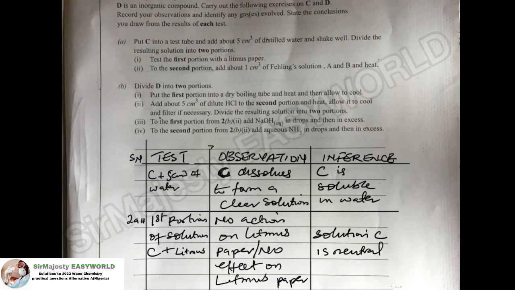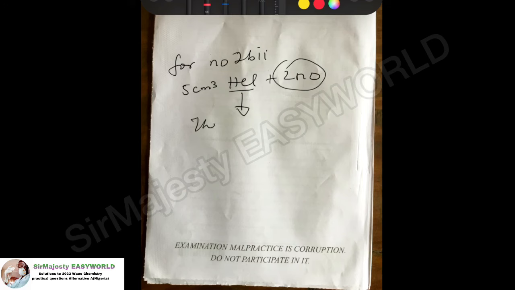I know it's possible, but for them to put it in number 2bii, let me comment on it here. For number 2bii, where students were asked to add 5 cm cube of HCl to zinc oxide, the strength of this acid was not specific.